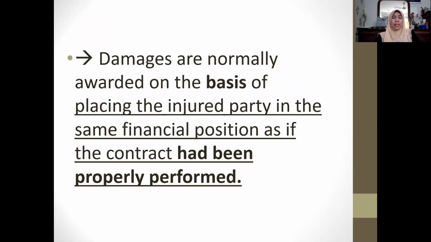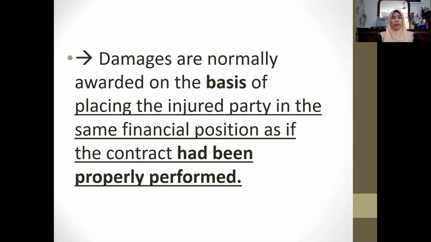Damages are normally awarded by the court with the intention of putting the injured party in the same financial position as if the contract had been properly performed, whenever money can make good of it. But if we compare to the basis of damages under law of torts, it has a slightly different approach.